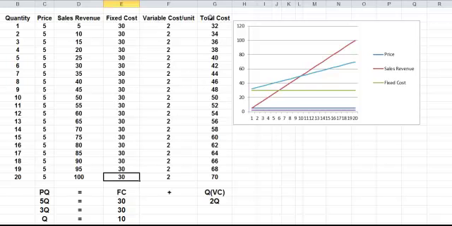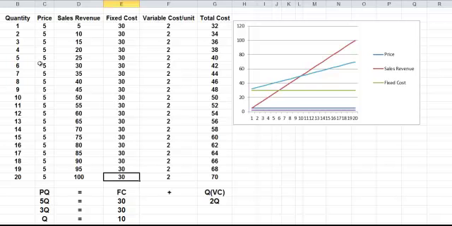In the case of a spreadsheet, you can just simply drag the columns down. So down here we've got our little formula. We've got the price times quantity, which is the revenue, that's the sales revenue, is equal to the fixed cost plus the number of units of output times the variable cost. So we've got 5Q.